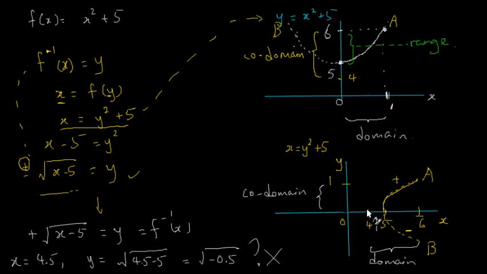So in other words, no answer exists for the inverse function, and that is a problem, because one of the requirements for a function is that we must have an answer. The function must give us a value for all the x in the domain.